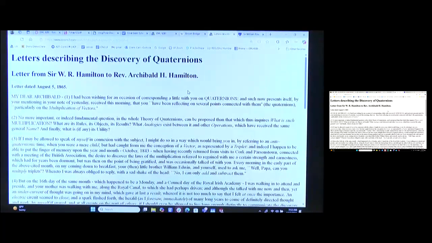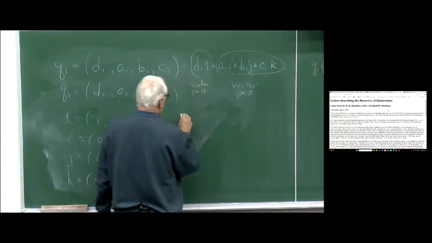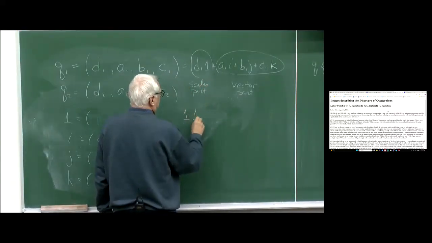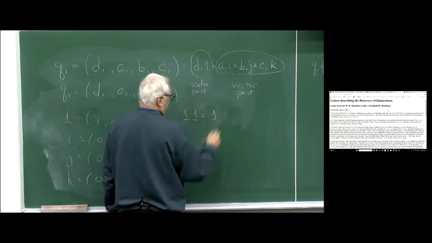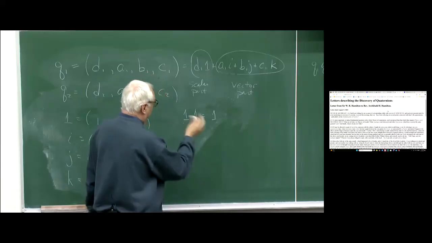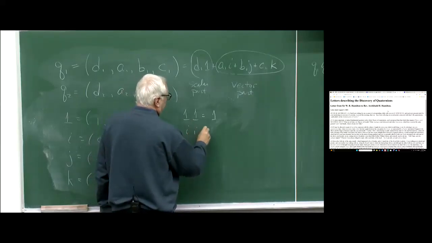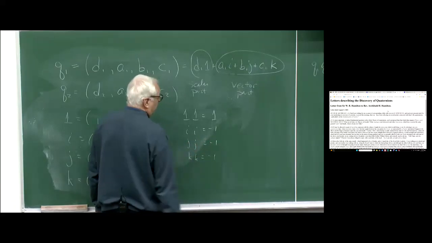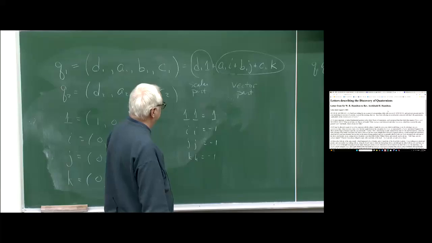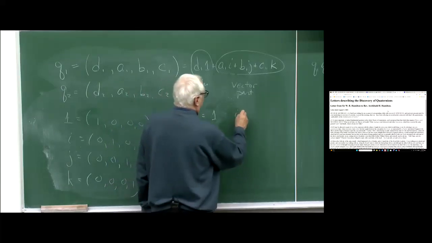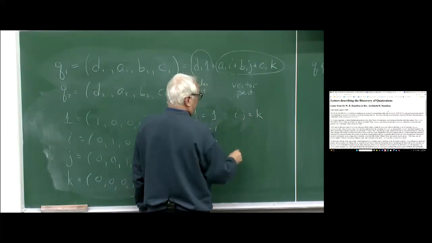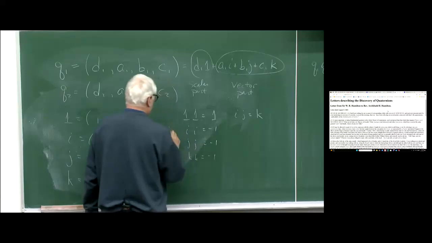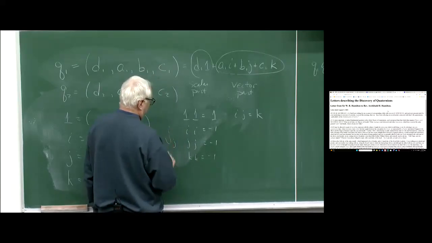All of the rules for multiplication. If I have the quaternion 1 times the quaternion 1, it's going to be the quaternion 1. If I have i times i, it's going to be -1; j times j, and k times k, the same. So we got that. Let's see, i times j is going to equal the quaternion k. I'm going to cheat here; it kind of matches the cross product rules.